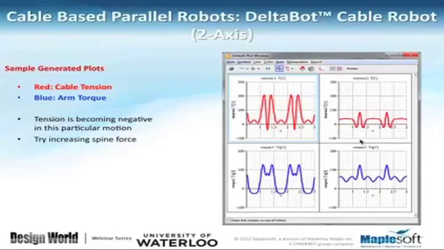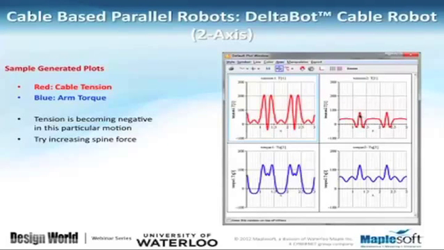Now, I'm going to show you some of, again, those simulation results and showing you in what cases we are going to see slack cables. So the red lines that you see here, that's the forces in one of the cable, and this one is the force in the other cable.